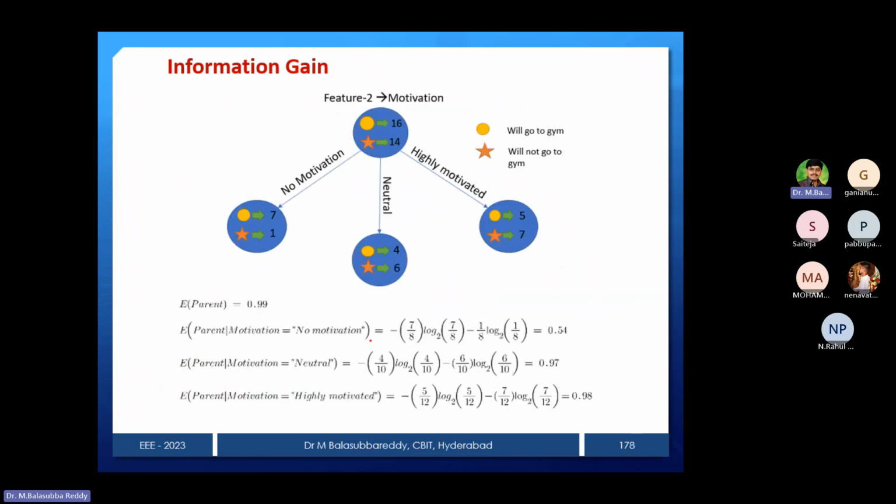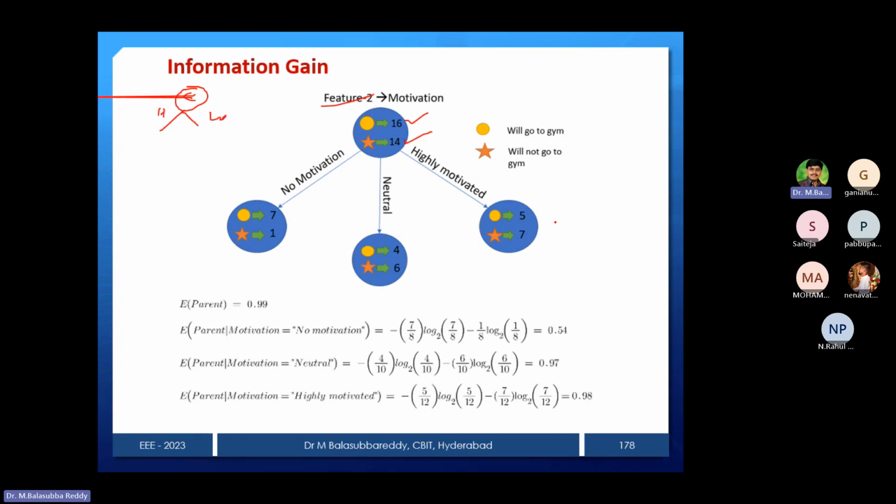Motivation is the second feature. There are 16 positive class and 14 negative class. Energy has two splits, high and low.